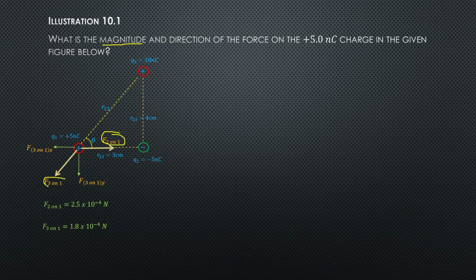For the individual x and y components, we need the angle. So let us compute angle theta here. The angle of F2 on 1 is along the horizontal, so this is 0 degrees. The x component is there, and the y component is probably 0. For this other value we need angle theta, computed using arctan of y over x.